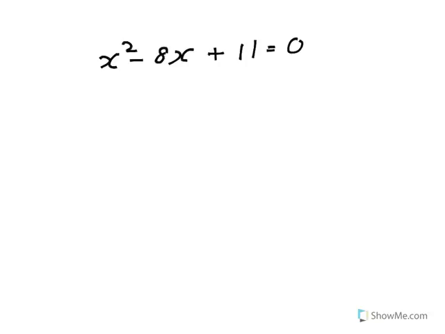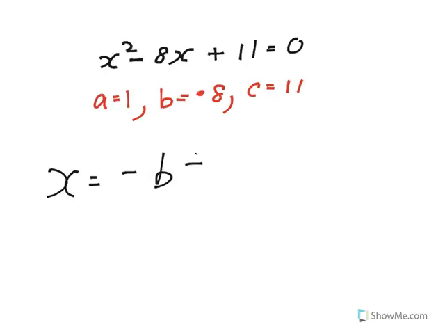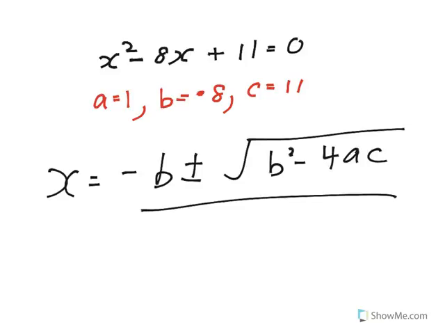So we recognize that in ax squared plus bx plus c, a is equal to 1, b is equal to negative 8, because b is the coefficient of x, and c is the constant, which is 11.